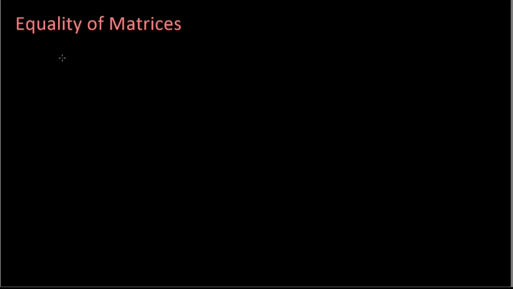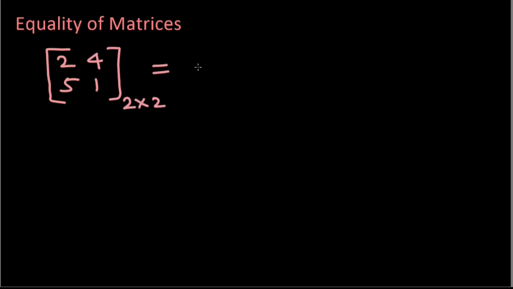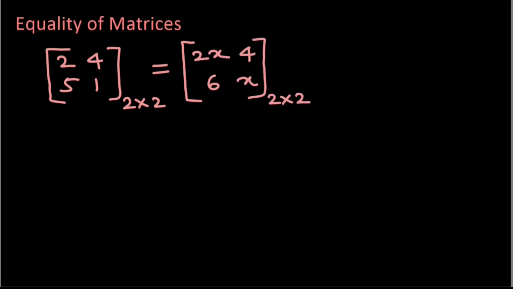For example, matrix [2, 4; 5, 1] is a 2 by 2 matrix which is equal to another 2 by 2 matrix [2x, 4; 6, x], which is also a 2 by 2 matrix.